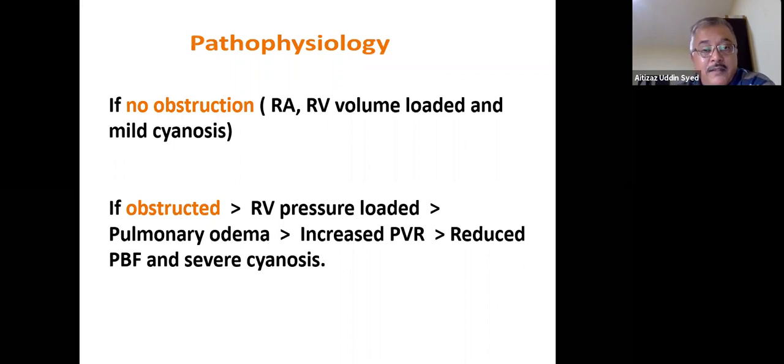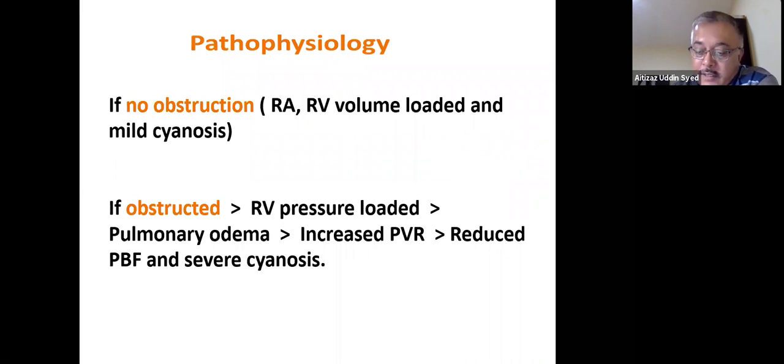But if it's obstructed, then the RV will be volume as well as pressure overloaded because it's pumping against a pulmonary edema, mostly due to the pulmonary venous congestion and increased PVR, and it will reduce the pulmonary blood flow.